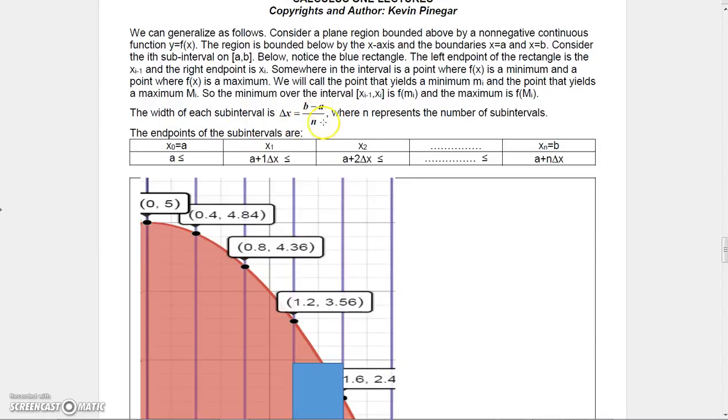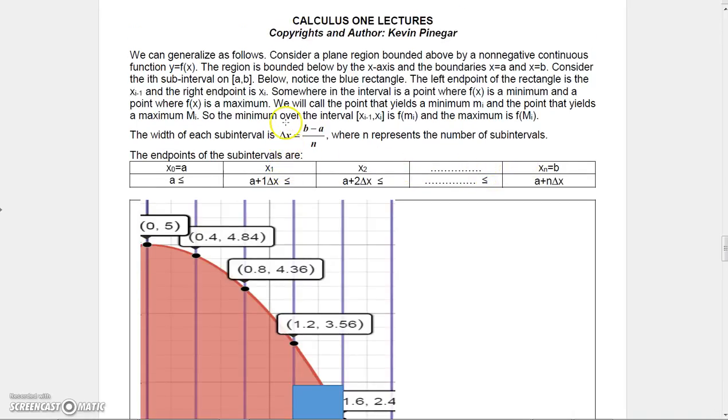Consider a plane region bounded above by a non-negative continuous function, which is what we had. The region is bounded below by the x-axis and bounded on the left by x equal a and on the right by x equal b. Now let's consider the ith subinterval. So we're talking about the ith subinterval on the interval from a to b. So below, notice the blue rectangle.